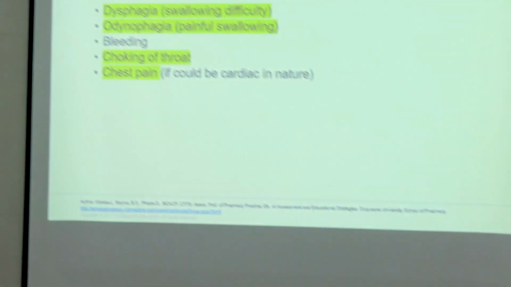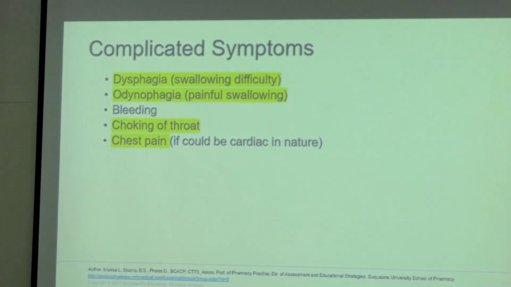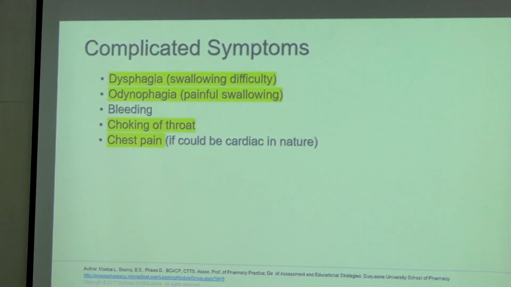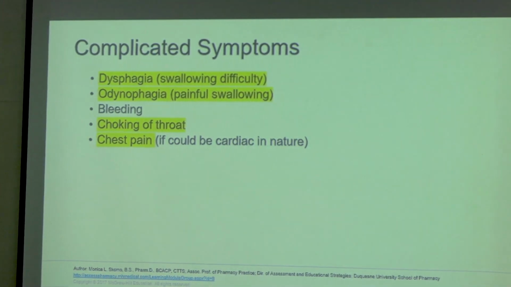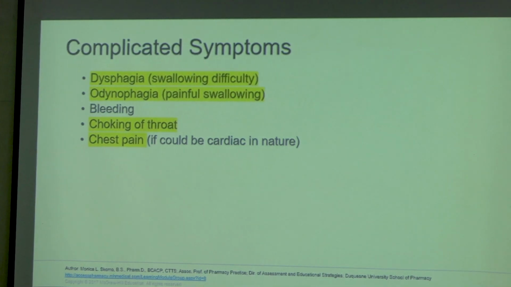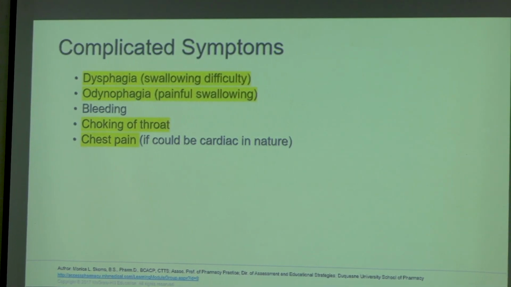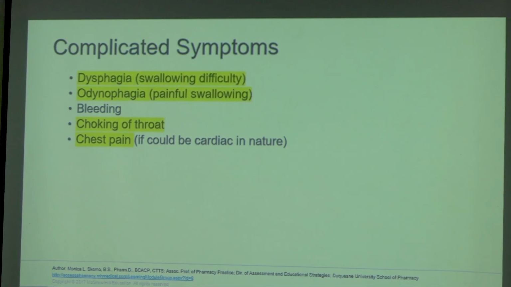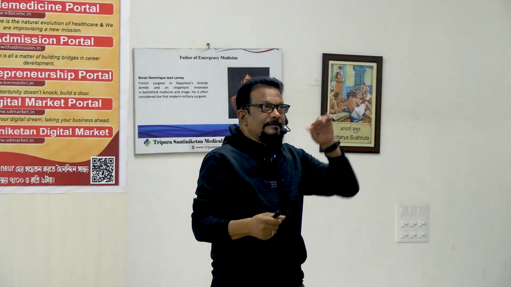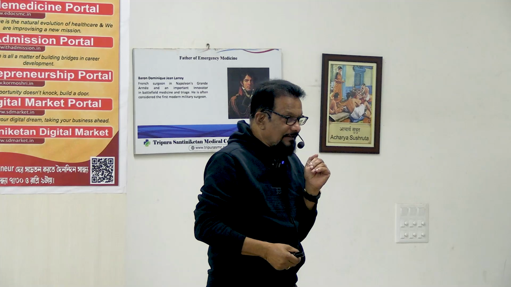Complications. What are the complications? Dysphagia. What is dysphagia? Swallowing difficulty. And odynophagia means painful swallowing. And bleeding. Why bleeding? Because acidity may create damage to our esophagus. The inner lining of our esophagus is made up of squamous epithelium.